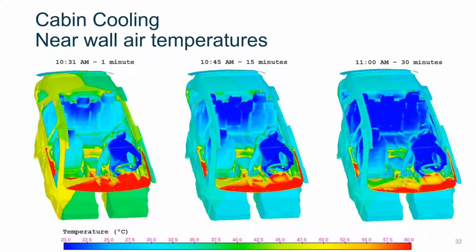Here we see the imported convection from OpenFOAM at different instances: 1 minute, 5 minutes, 30 minutes, we have multiple points. You see that the fluid temperatures are cooling down over time.